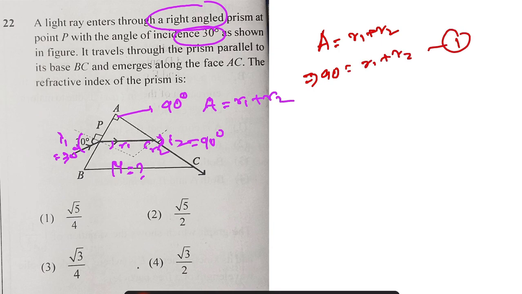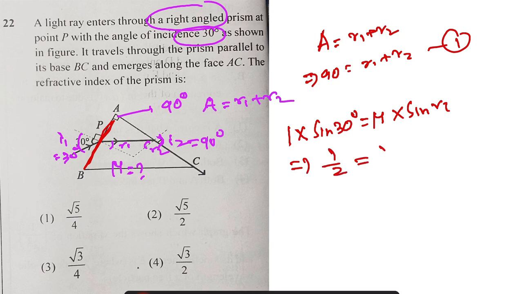So this is the number one equation, and if you apply Snell's law for this surface, so mu1, that is air, sine I, that is 30, is equal to mu of the prism into sine R1. So sine 30 means half is equal to mu sine R1. This is the number 2 equation.